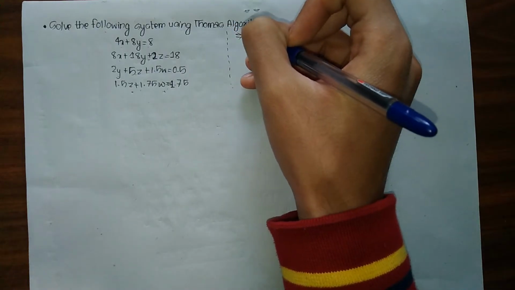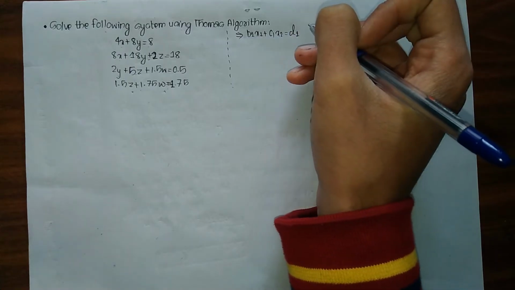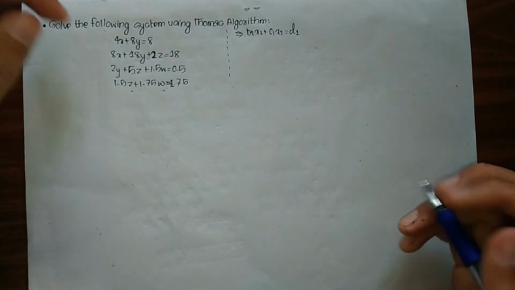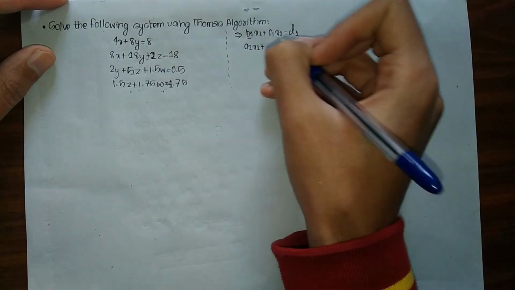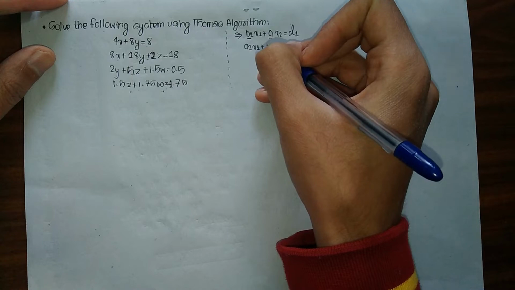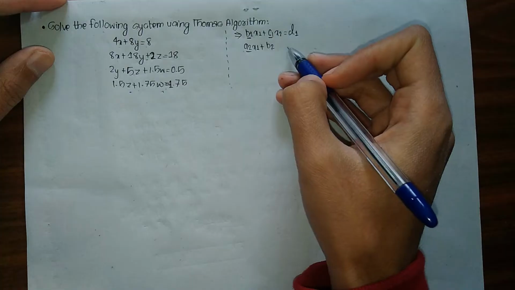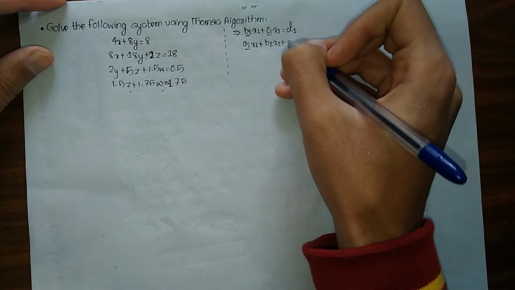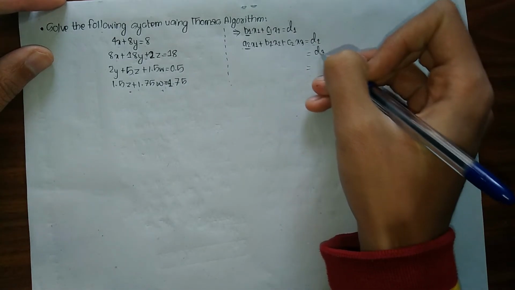We can have b1 x1 plus c1 x2 equals d1. I'm basically writing this system over here just to make our work a little bit easier. Next we'll write a2 x1 plus b2 x2 plus c2 x3 equals d2, and similarly the equations with d3 and d4.